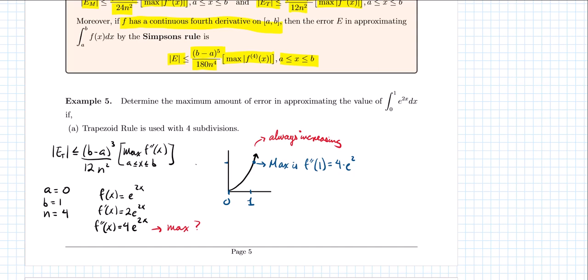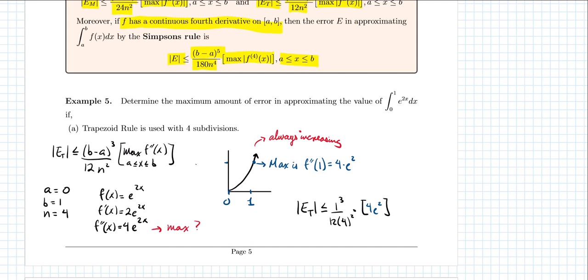So we know that the maximum error for the trapezoidal rule is going to be less than or equal to (b minus a) cubed, so 1 cubed, divided by 12 times 4 squared times the maximum value of our second derivative, which was 4e squared.